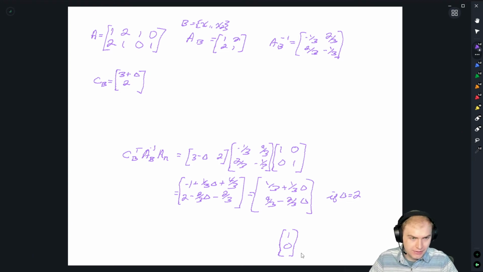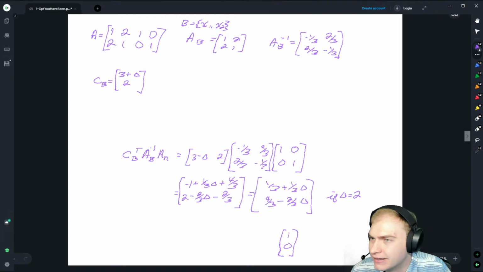So that's how you can tell how far you can change the objective function coefficients before we change feasibility. You add a delta to it, and then find the canonical form, and then solve for delta, or solve for delta at whatever equals 0. In case anyone cared.